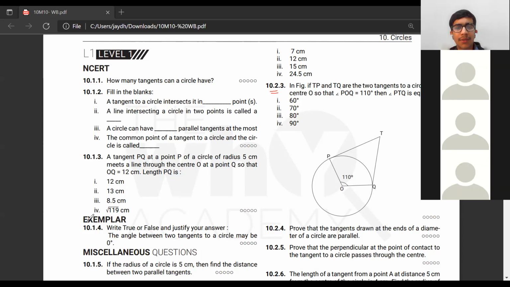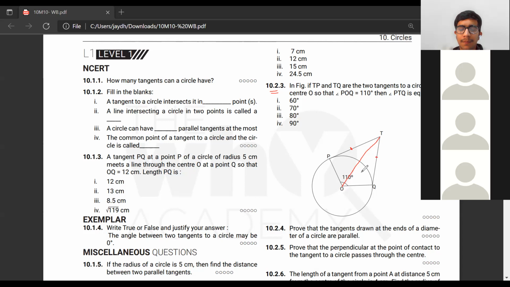Okay, Abhishek, can you explain how you got the answer? Yes, sir. So first, OT will bisect angle O equally. Why will it bisect? Because of theorem 2, which says that these two tangents will be equal.